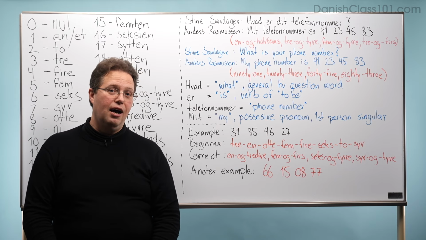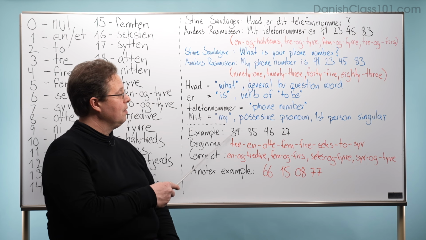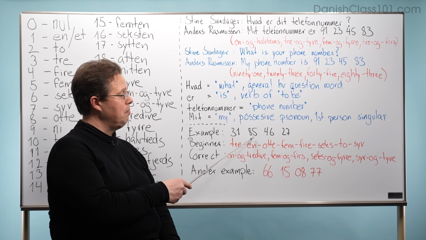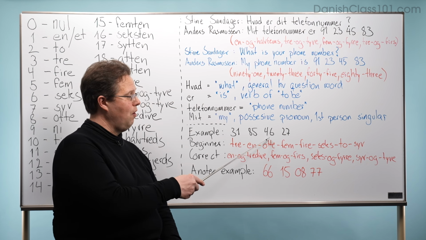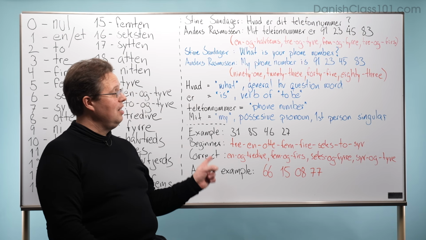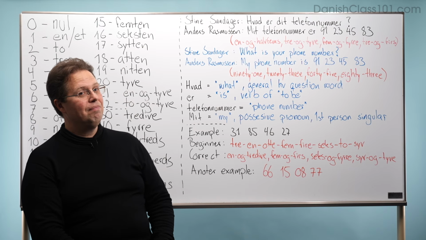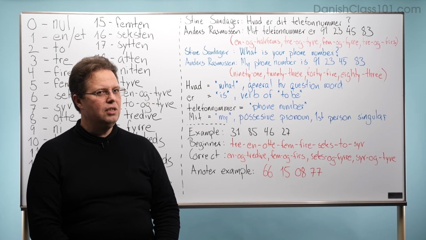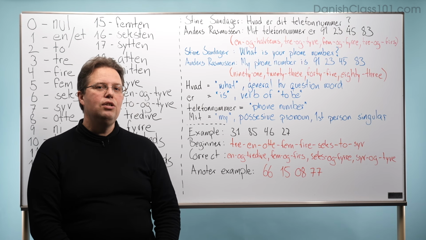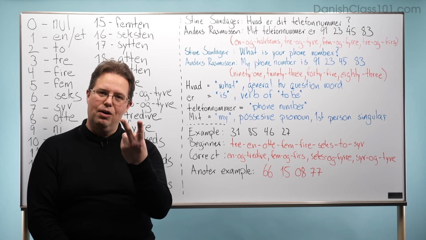All right, so how do we do this? So here's the example. Let's look at it. 31, 85, 46, 27. Did you hear the difference in there? When you do double digits in Danish, you actually turn around in them.